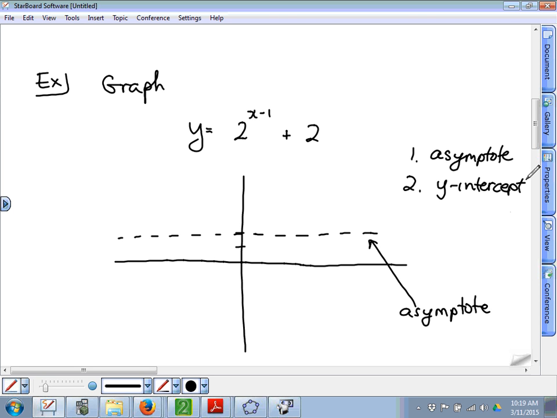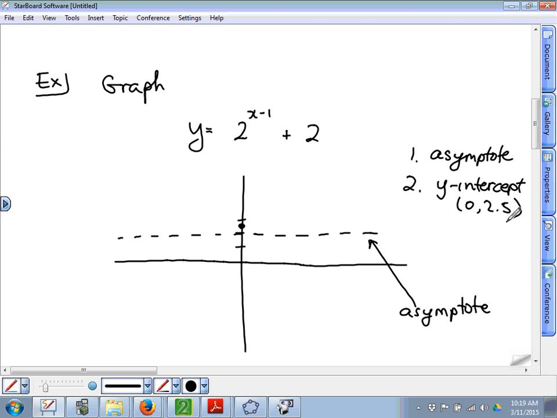You let x equal 0. Now, 0 minus 1 is negative 1. 2 to the negative 1 is 0.5. And then 0.5 plus 2 is 2.5. So the y-intercept is 2.5.